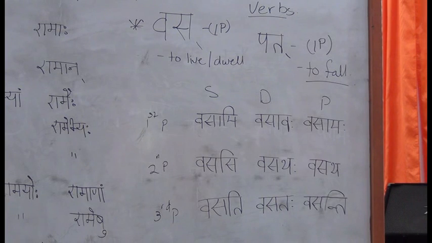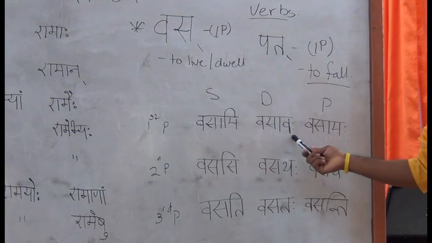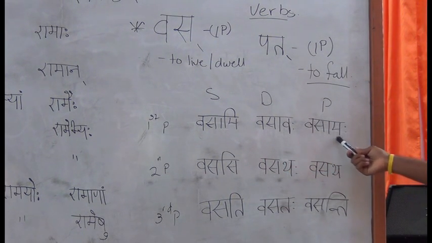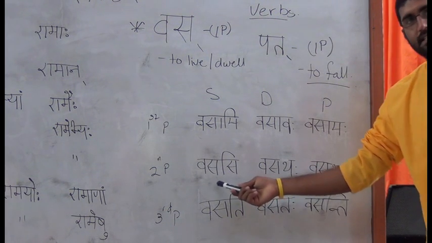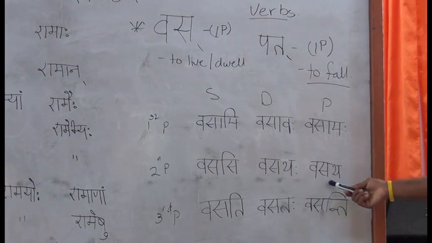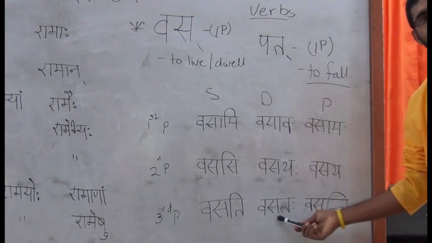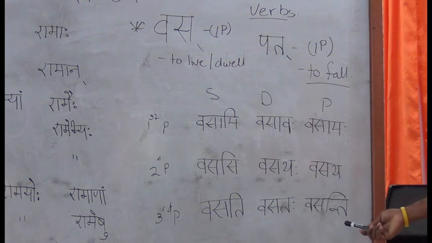Is this correct? Let's all say it together. Vasami, vasavaha, vasama, vasasi, vasataha, vasatha, vasati, vasataha, vasanti.